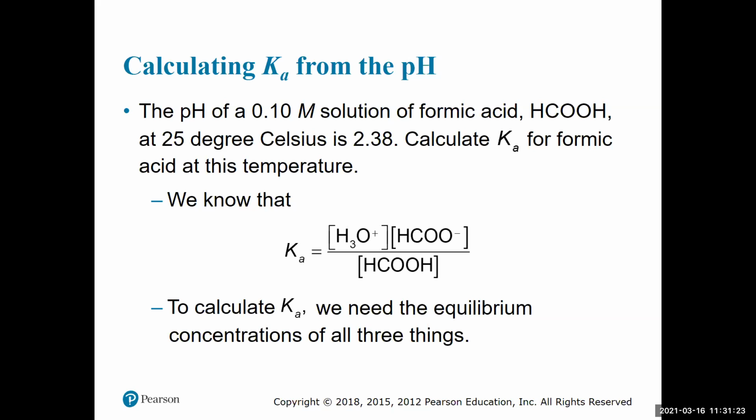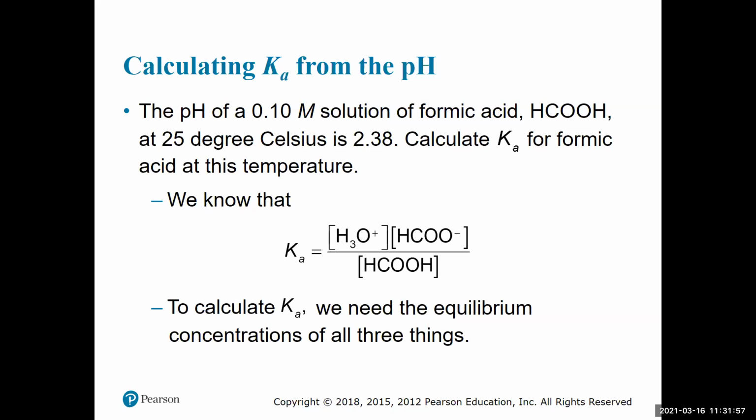So we're told our equilibrium expression is hydrogen ion concentration times formate concentration divided by formic acid concentration. So in order to calculate it, we need the equilibrium concentrations for all these. Well, we were told the pH is 2.38, right? So that's telling us we can figure out what our equilibrium concentration is for the hydrogen ion.